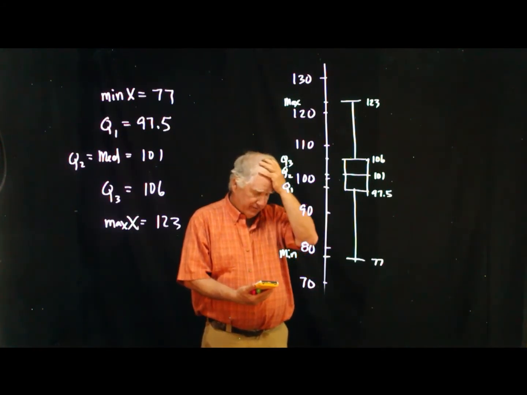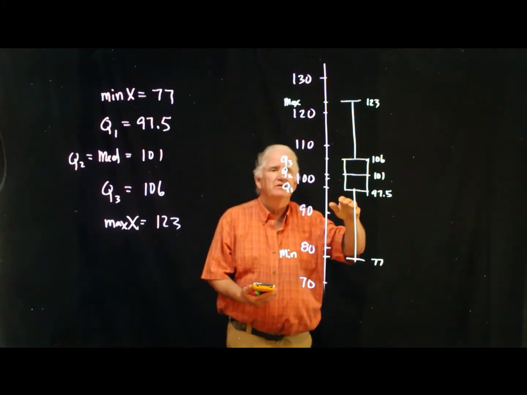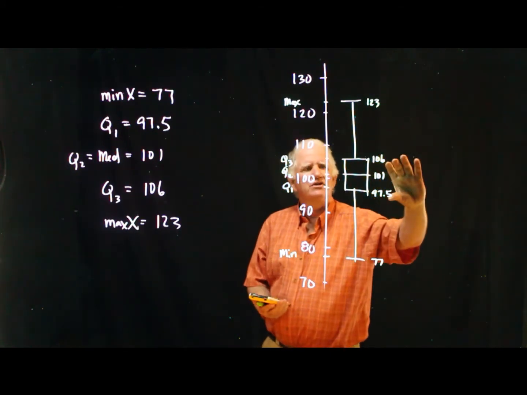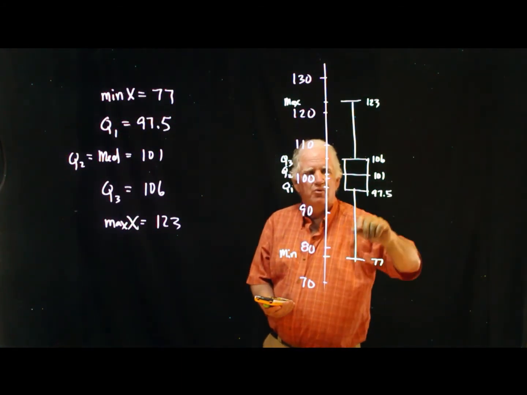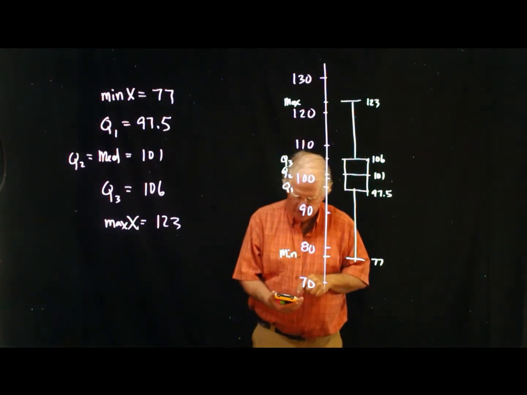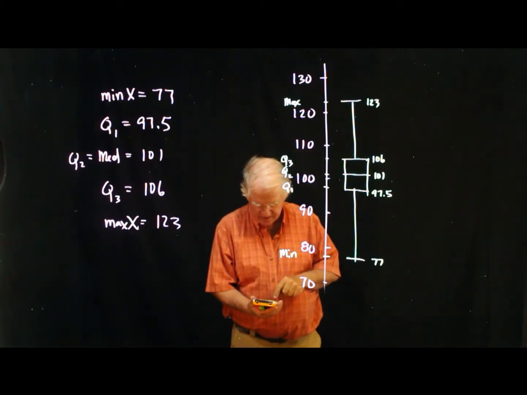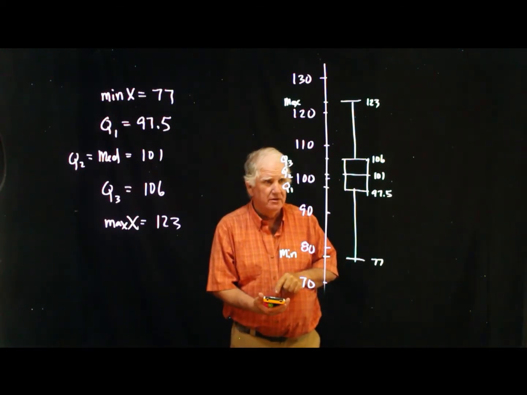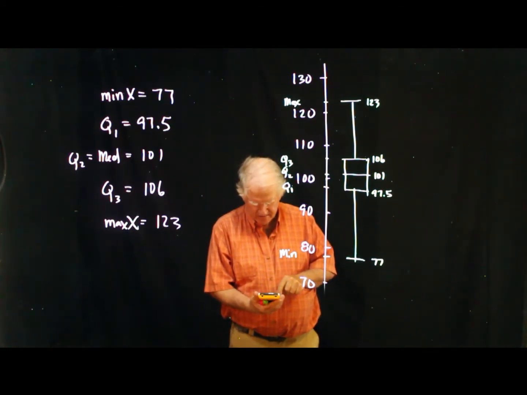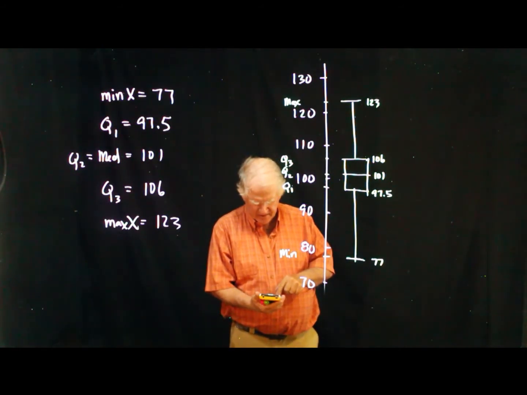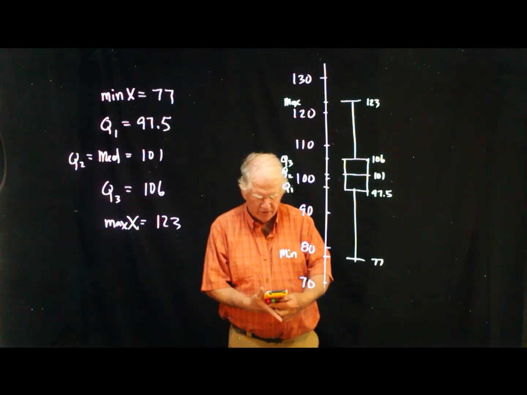The upper fence is Q3 plus the interquartile range times 1.5. Let me use the calculator as you would have hoped to use it. 106 minus 97.5 is equal to 8.5.